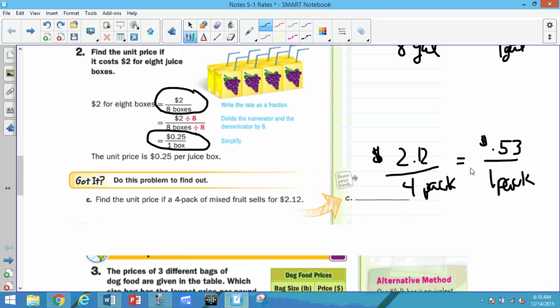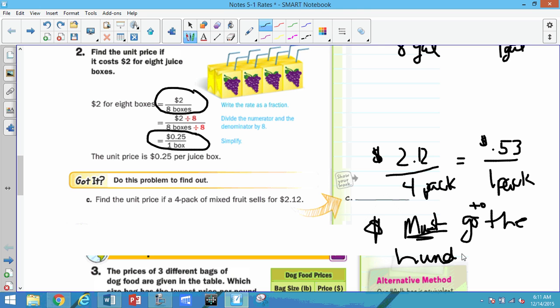per pack. Now, it's really important whenever you talk about money, money must go to the hundredths place. Oops, I should have put a 2 there. Now, why is that?